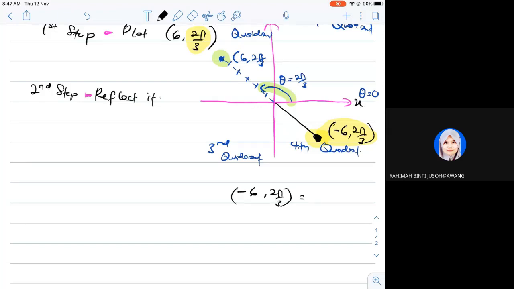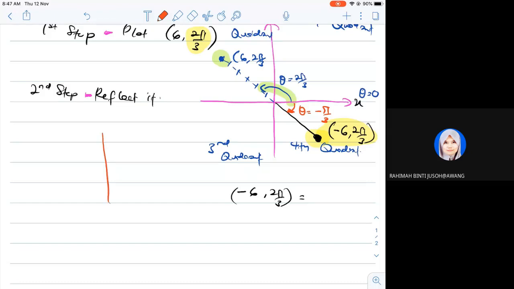Guys, can you give me the angle here? What's the angle here? The red color. Pi over 3. Well done. Pi over 3 or negative pi over 3? Negative. Yes, negative pi over 3.